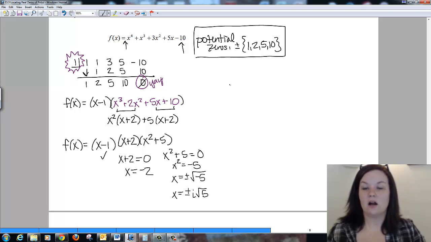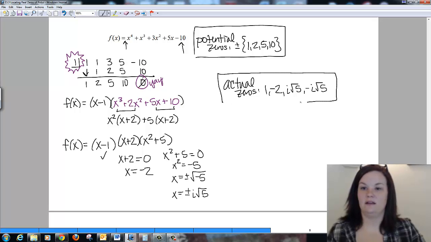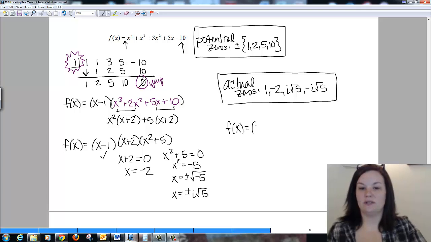Okay. All right. So this means that my actual zeros are the purple one I got in the spiky circle, which was 1, and then my negative 2 from my remaining factor, and then my positive i root 5 and my negative i root 5. Okay. So these are all my zeros, and then I want to write my function completely factored.